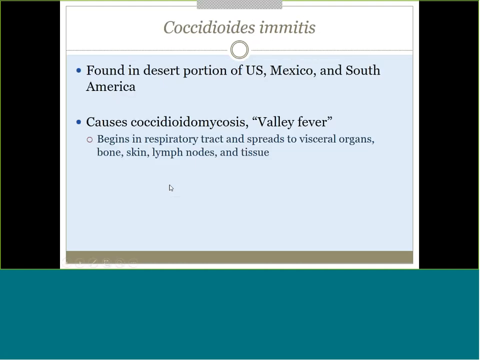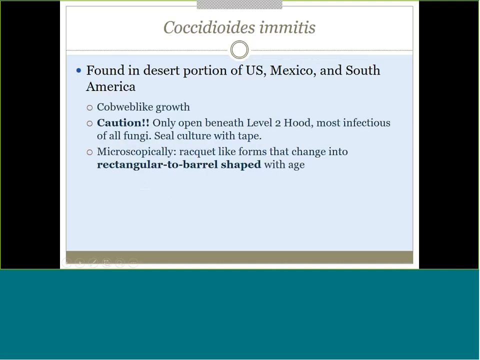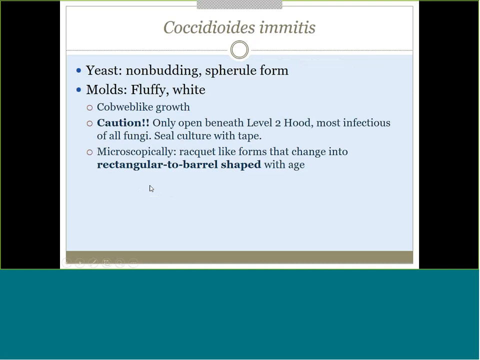All right. Coccidioides immitis is the valley fever I said. That's down here in Arizona, southwest U.S., Mexico. Again, respiratory tract, spreads to lots of other organs, including bone and skin and tissue. The yeast is more of a non-budding form that you do not have to worry about. The mold is the one that I want you to know how to identify.